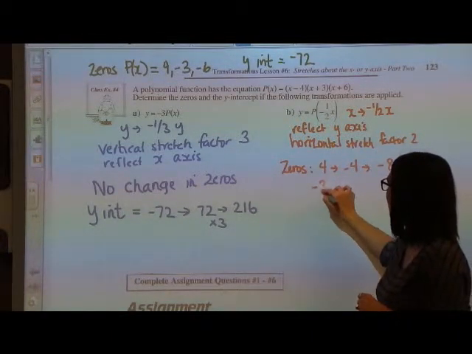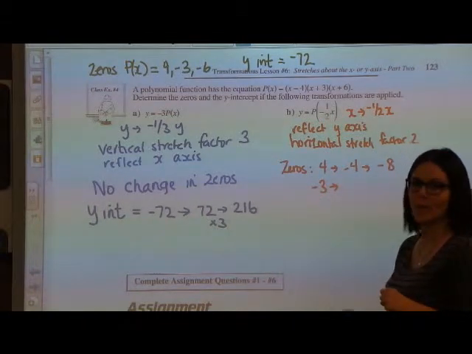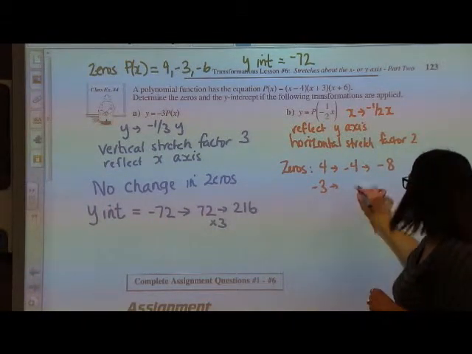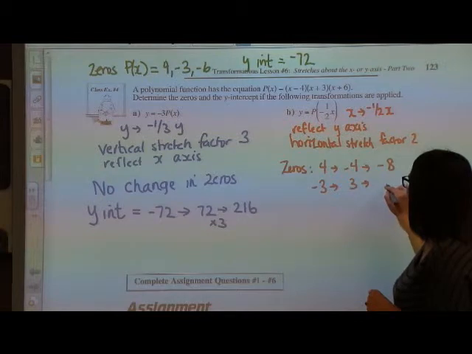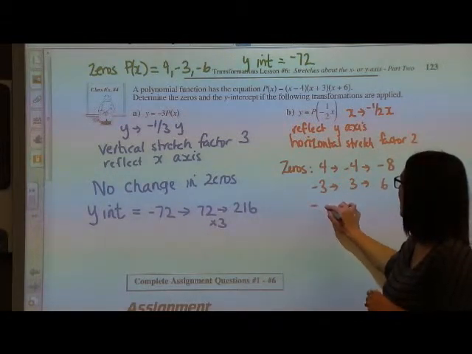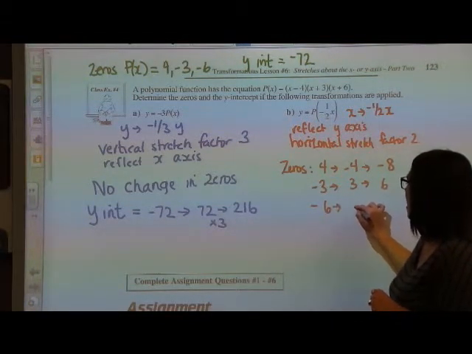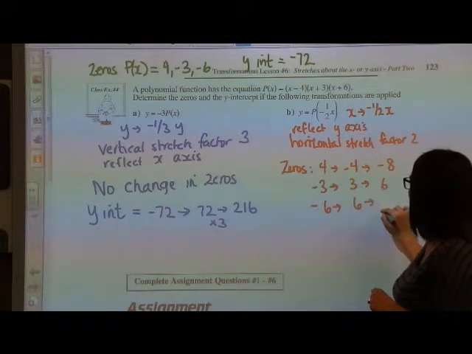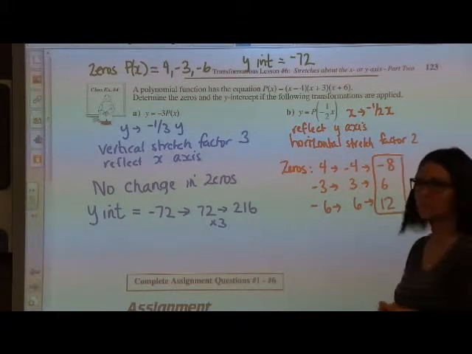Then I have -3. When I reflect it, it will become 3, and when I stretch it, it will become 6. And -6. When I reflect it, it will become 6, and when I stretch it, so there are my new zeros.